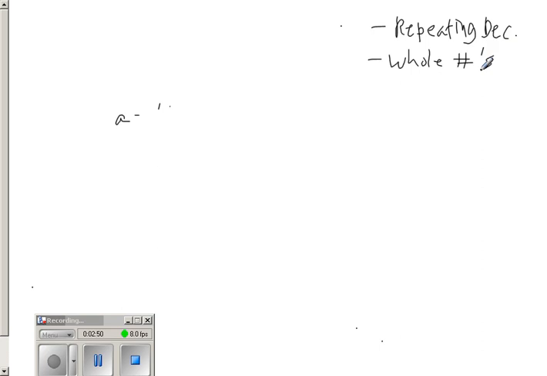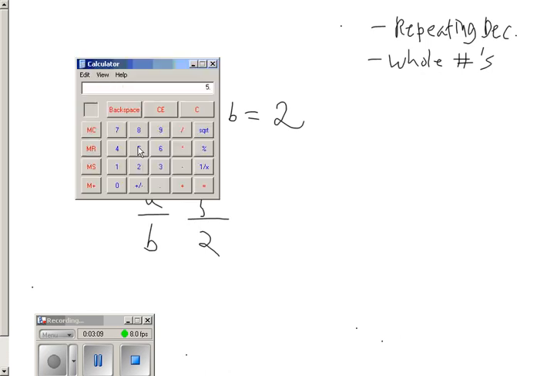What's something else we can get? Well, let's look at another A and B. Let's take A as being 5, and B being 2. If we look at A over B, or A divided by B, as being 5 divided by 2, what does that give us? Well, I'm not going to use a calculator for this. You have to trust, well, let's use a calculator. Why not? 5 divided by 2 equals 2.5.